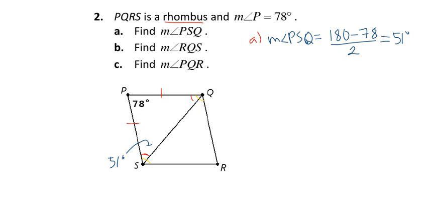So this is 51, and therefore this other one should also be 51, because in a rhombus the diagonal bisects the angles, and the first half is 51, so the other one should also be 51, and so it would be congruent and marking the same.